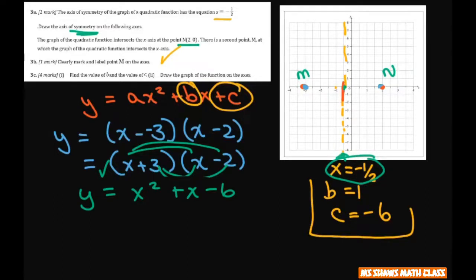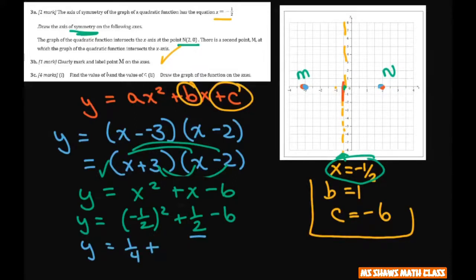So plug that in to get your y. So y equals negative 1/2 squared plus 1/2 minus 6.